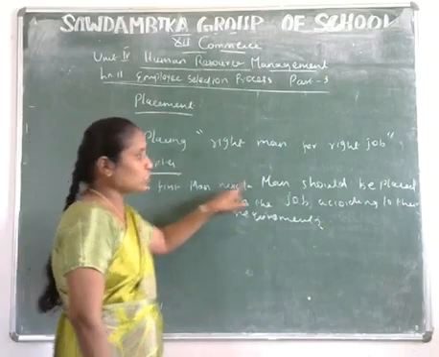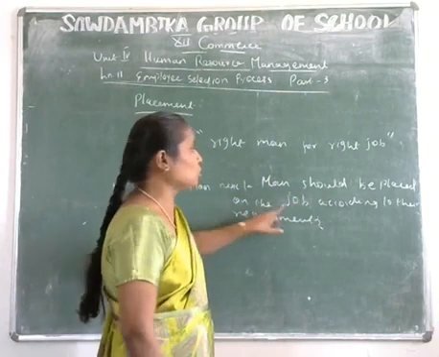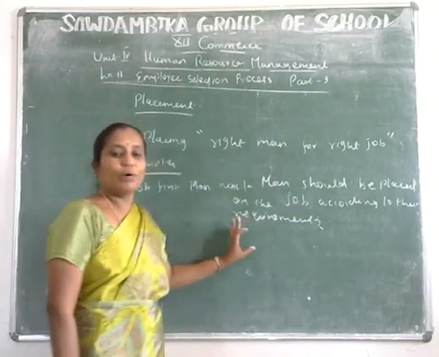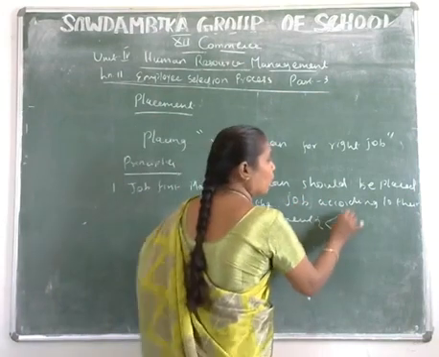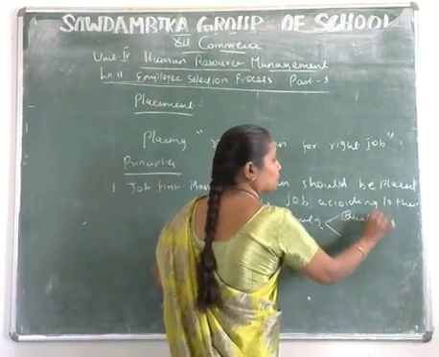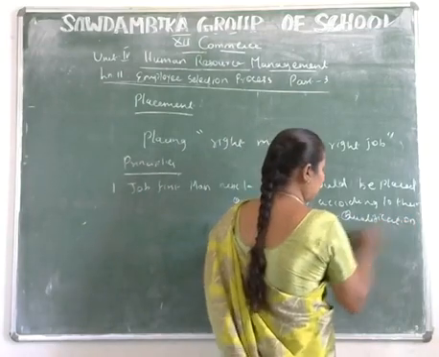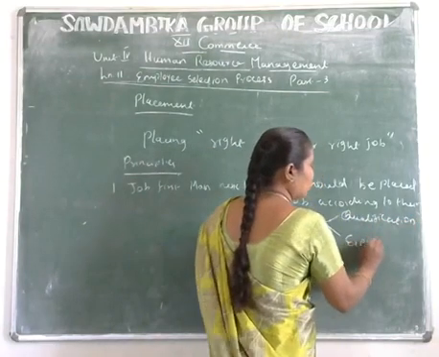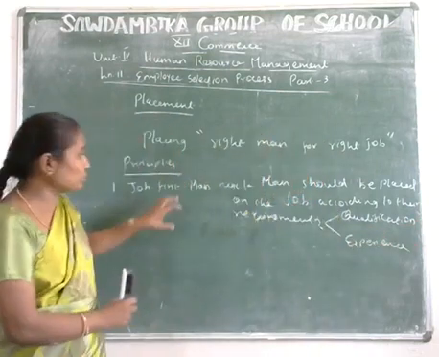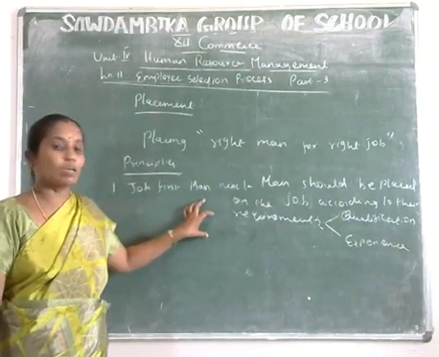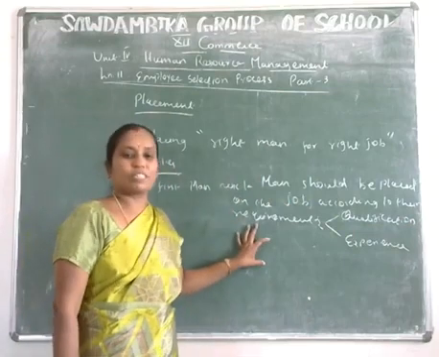Man should be placed on the job according to the requirements. Here requirements means qualifications and experience of the candidates. That is the first principle. Organizations do not compromise on these requirements.